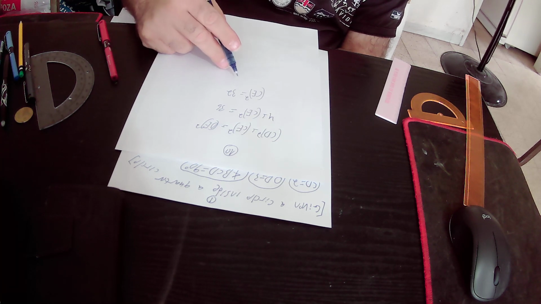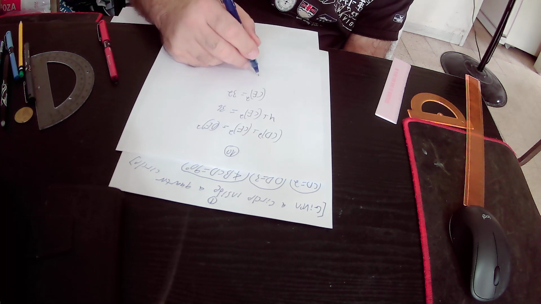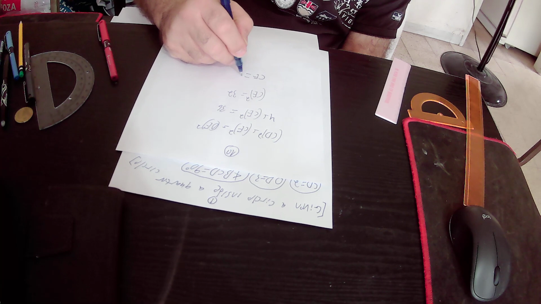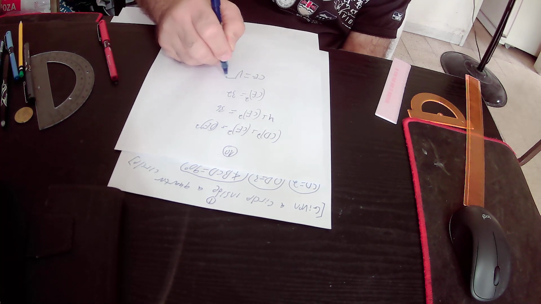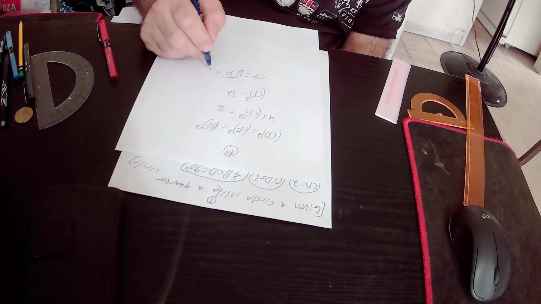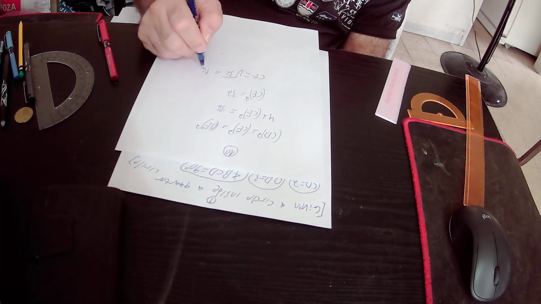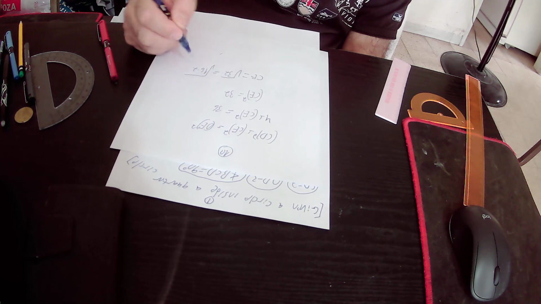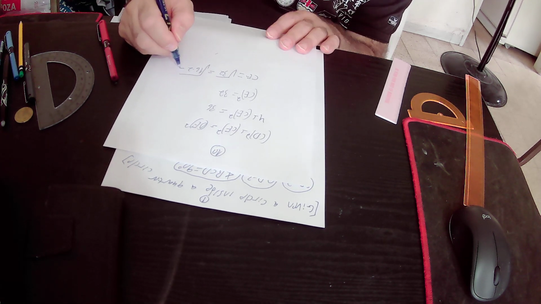Here we will take the root of this equality, and we will get that CE equals the root of 32, but 32 equals 16 times 2, and the root of 16 is 4.